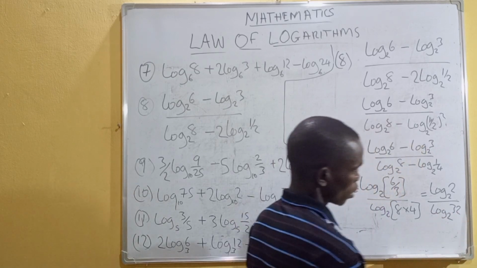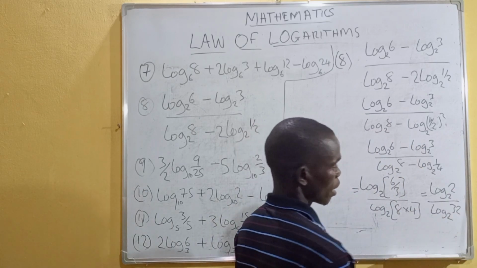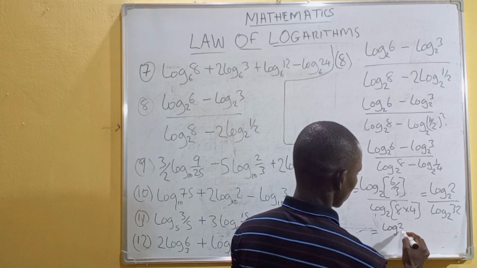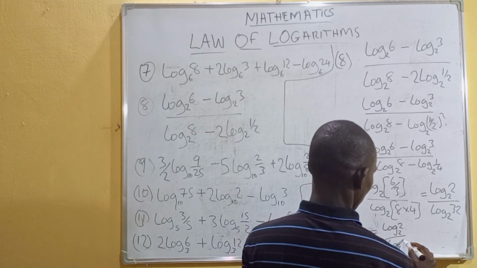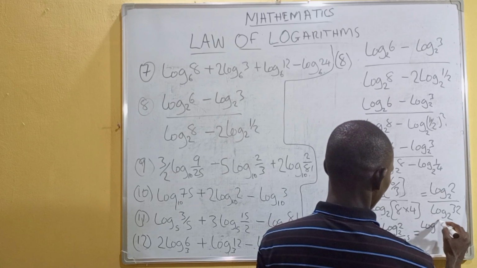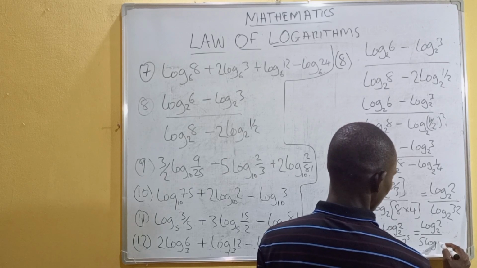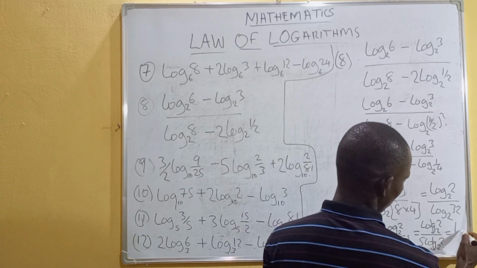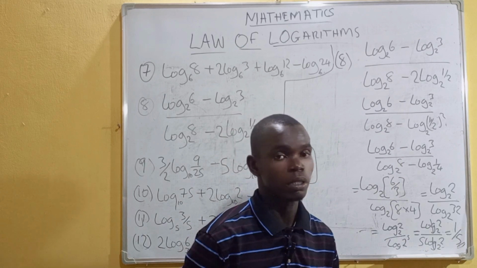So this 32 can be reduced to have the same log number with this, which is 2 raised to power 5, will now be equal to log of 2 to base 2 divided by log of 2 raised to power 5, which is equal to log of 2 to base 2 over 5 log of 2 base 2. Since these are the same, they cancel out. Our answer will now be 1 over 5. This is our answer to question 8.